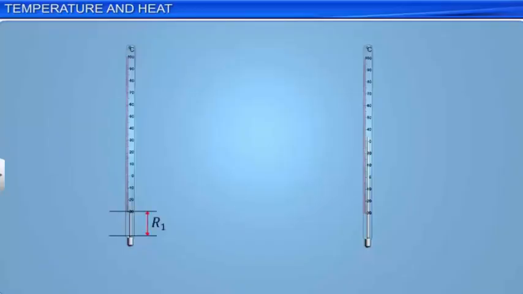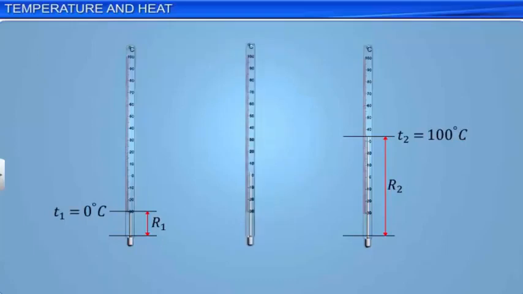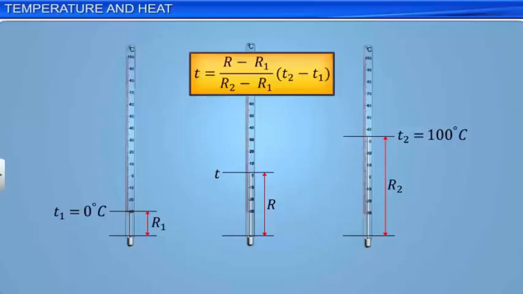If R1 and R2 are the values of the identified property, at the two reference temperatures T1 and T2, then temperature T when the property has a value of R is given by T equals (R minus R1) by (R2 minus R1) into (T2 minus T1).